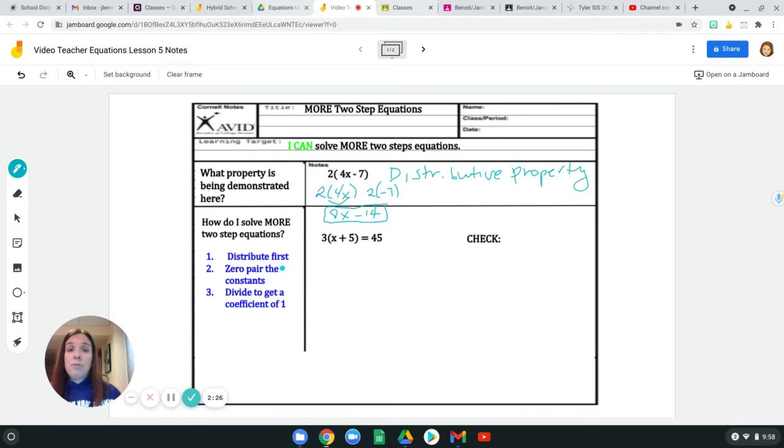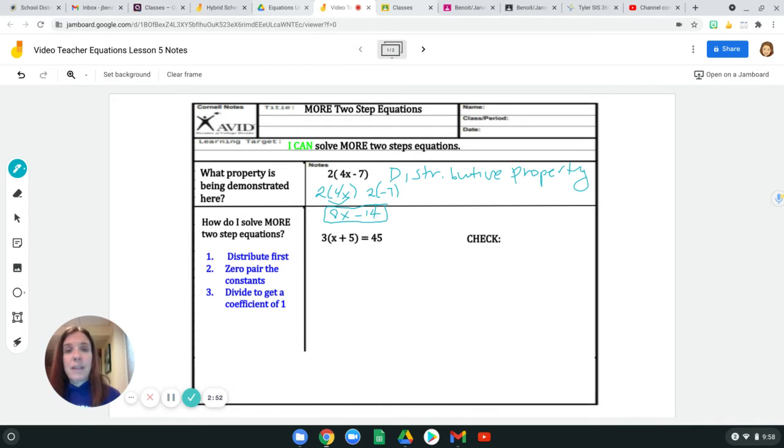You're going to distribute first, take that coefficient and do that distribution. And then you're going to look to zero pair the constants and then divide by the coefficient of the variable term to get that coefficient to 1. So 2 and 3 go back to our two-step equation work. We're just adding that first step of distribution first.